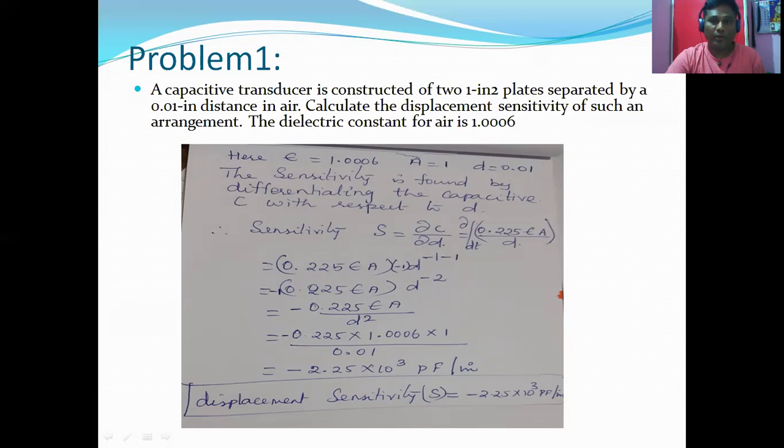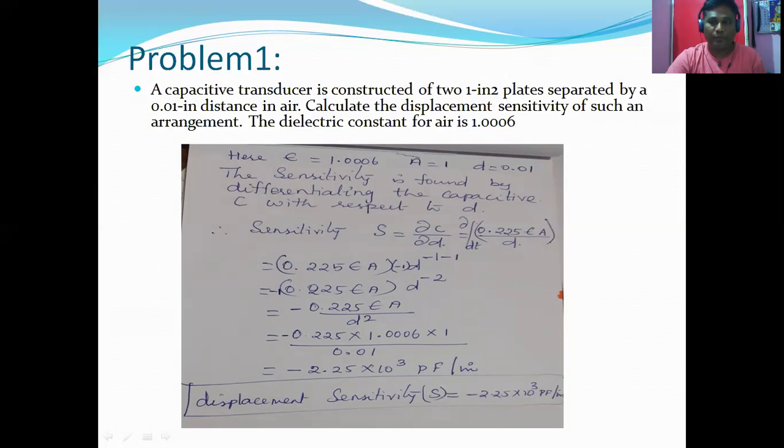What is the overlapping here? Two 1 inch plates, so overlapping is 1 inch. So A is equal to 1. Then the distance between the two plates is 0.01 in air, so d is equal to 0.01. So we apply the values to the formula.